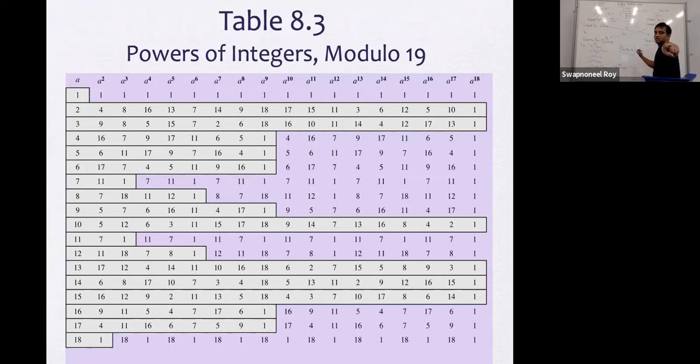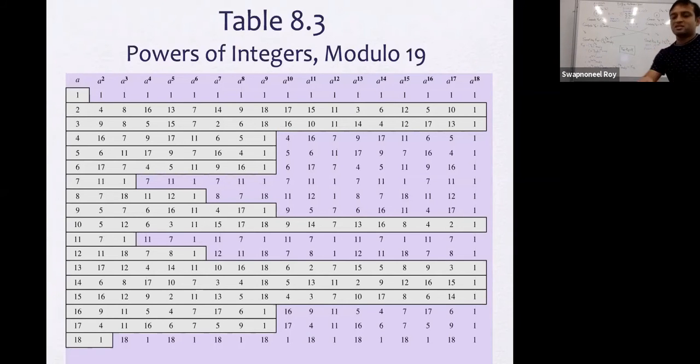The first space gives you the value of alpha to the 1 mod 19, and in this case alpha is equal to 2, so 2 raised to 1 mod 19 is just 2 mod 19, which is 2, which is why this is 2. In modular arithmetic, if the base is less than the modulus, that is the remainder. That is the answer. So 2 is less than 19, so 2 mod 19 will be 2.